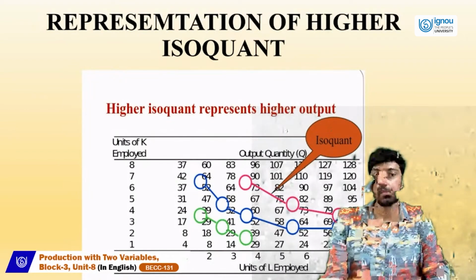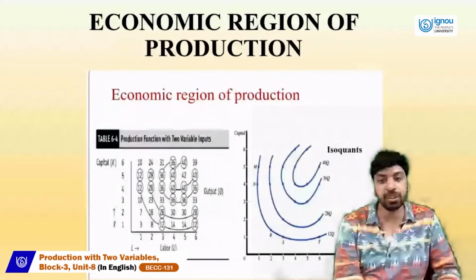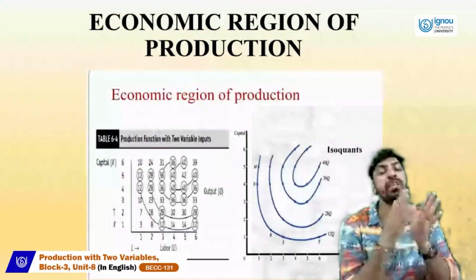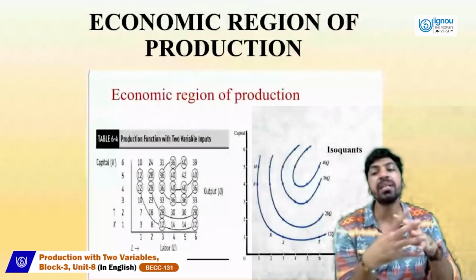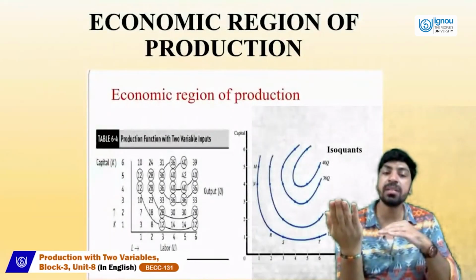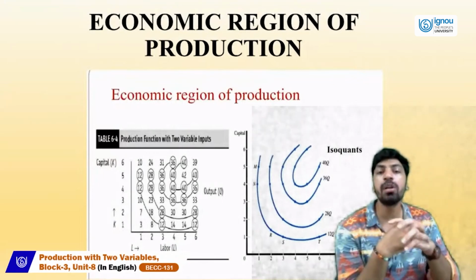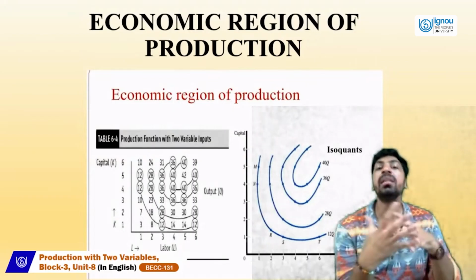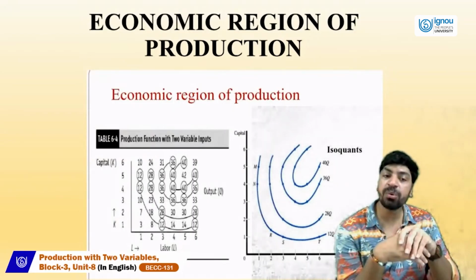So this is called the economic region of production. When you have a schedule with the production function with two variable inputs, this is how the isoquant curves are drawn. If you look at the previous slide, the same example is followed in the upcoming slides to portray the economic region of production, which is shown on the screen.